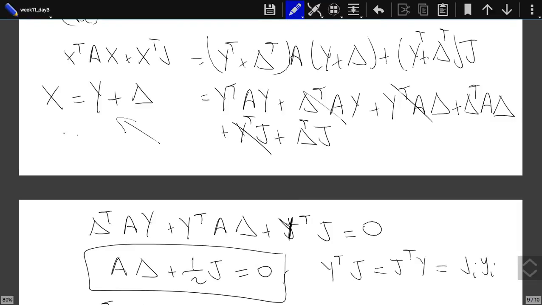The integral over x1 to xn is equal to the integral over y1 to yn. Since they both go from minus infinity to infinity, y's also go from minus infinity to infinity.